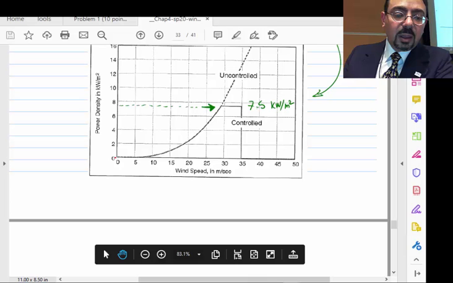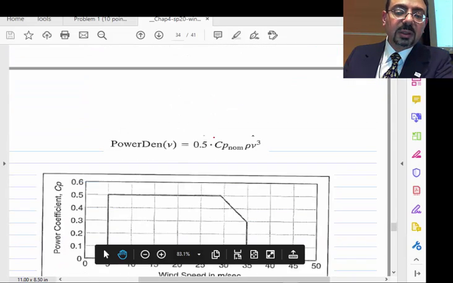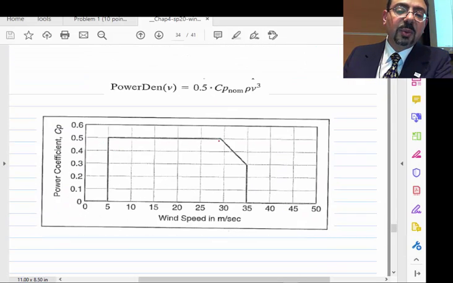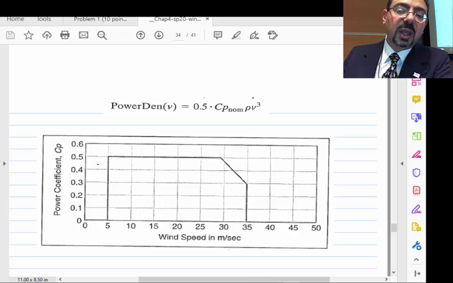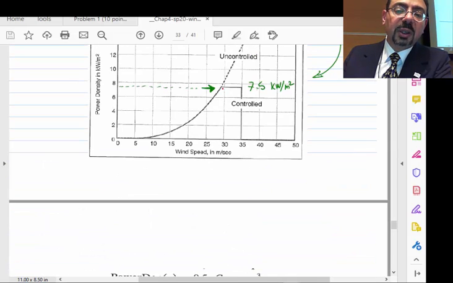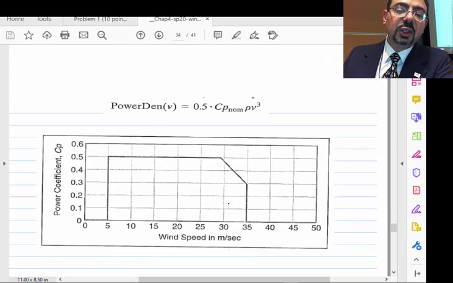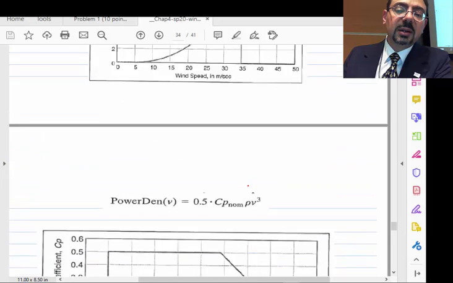So up to this point, you will get a constant CP of 0.5. If they manage to get that output power from this curve, you will have a CP like this. And once you hit that point and the power input is still increasing but the power output is constant, you will drop like this, right?